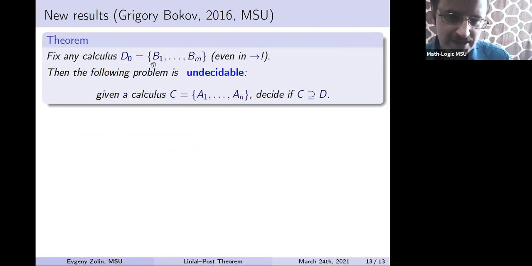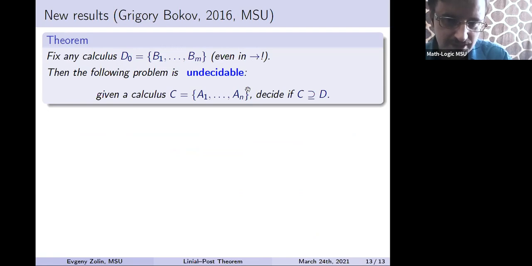So if you have any system of axioms, here we can have B1, ..., B11, the classical logic, B1, ..., B10, the intuitionistic logic, or just any fixed set of formulas. We don't even need that they are tautologies. And we don't even need conjunction, disjunction, negation. We can have just the implication symbol in them.